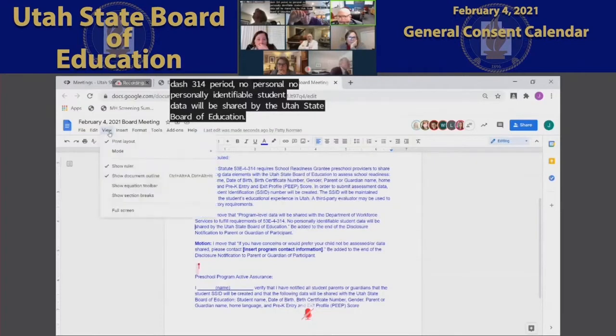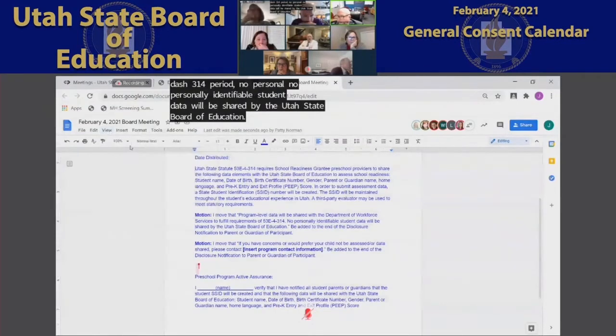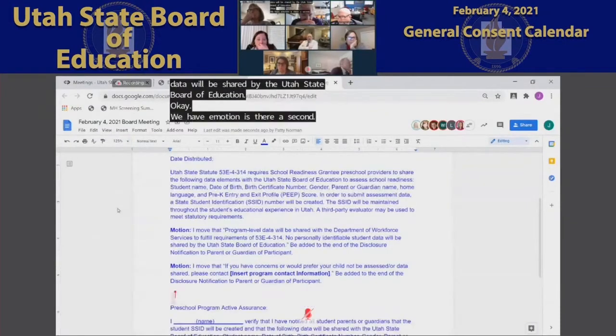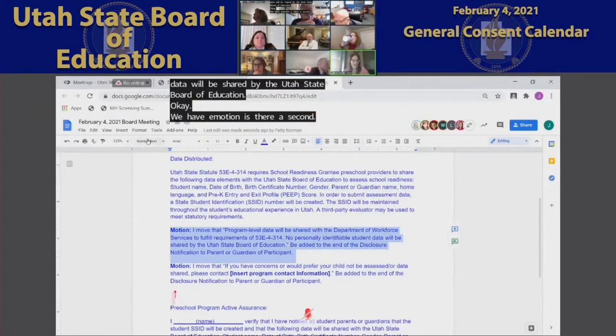I'm not seeing a second. Board Member Earl? Yes, I second that. Okay, we have a motion and a second. You want to speak to your motion, Board Member Klein? Sorry, I didn't realize my camera was off.